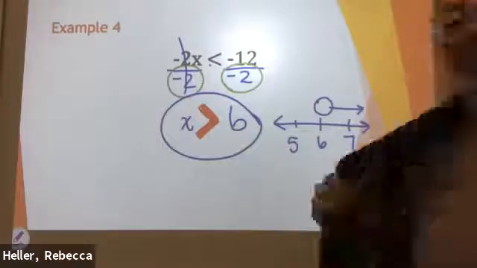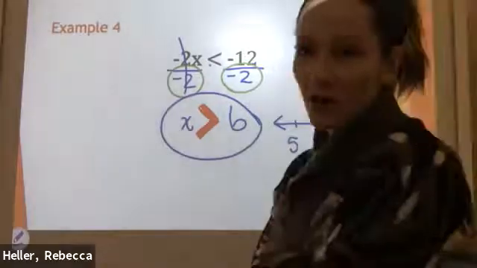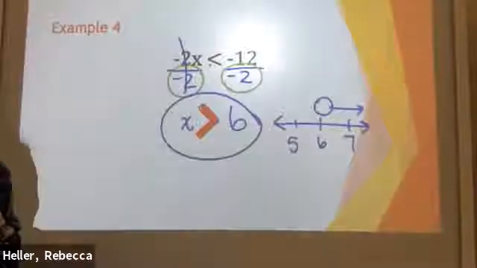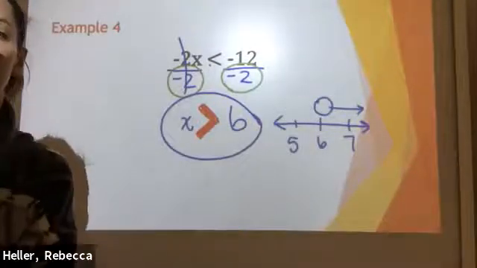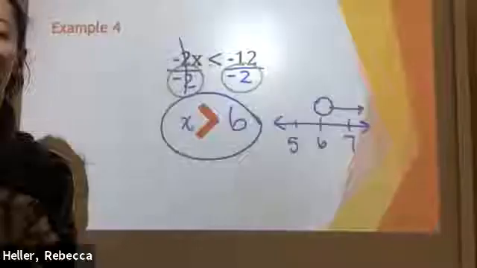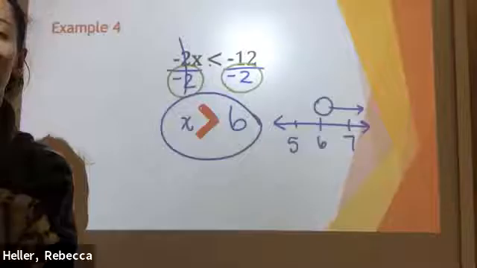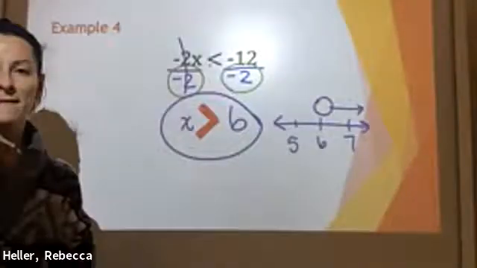Does anyone think they know why we have to do this before I tell you? Anyone want to try to guess or hypothesize why we have to flip the symbol? Jaden, go for it. Give us your thoughts. Is it because like negative... never mind. Okay. Go ahead, Mario. Give it a try.